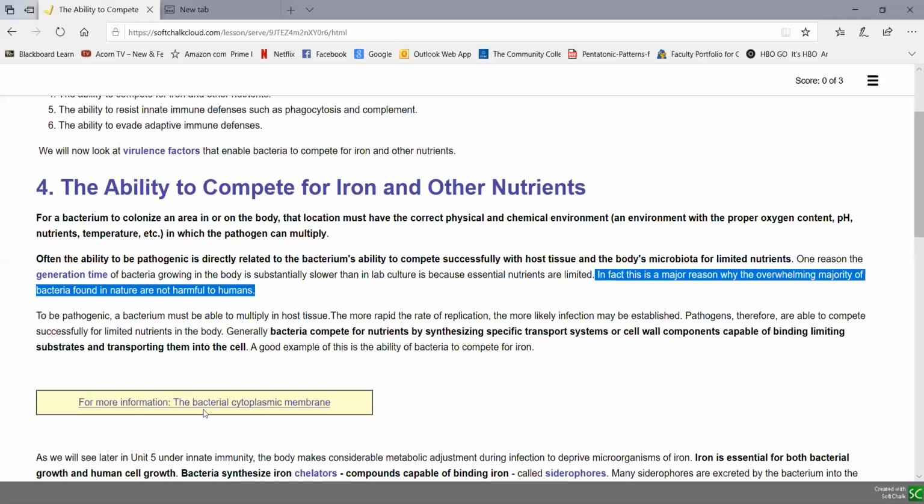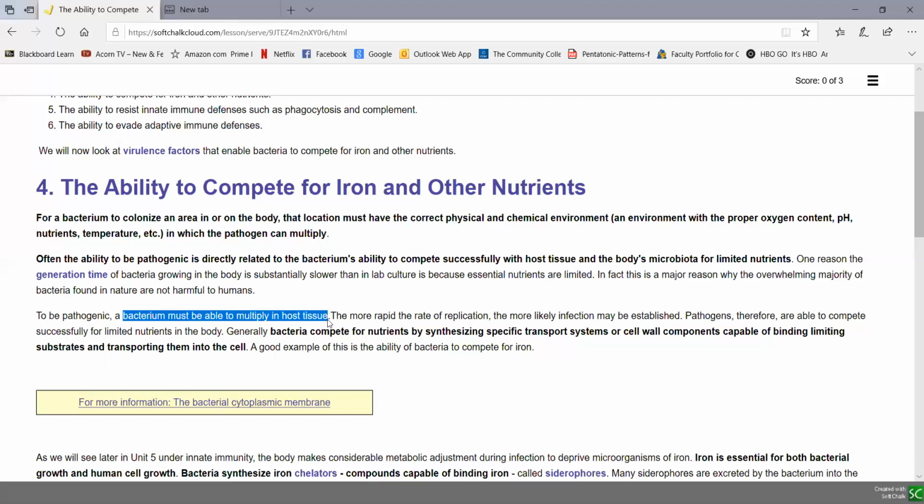So as we've said, to be pathogenic, a bacterium has to be able to multiply in host tissue. And the more rapid the rate of replication, the more likely the infection will be established. So pathogens have to be able to compete successfully for the limited nutrients in the body. Again, compete with human cells for those nutrients and with microbiota for those nutrients.